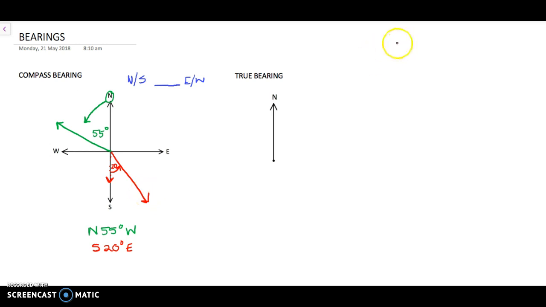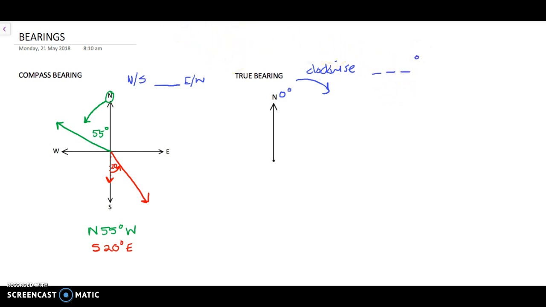A true bearing takes in north as our starting point, north as 0 degrees. And it's simply the direction we move clockwise, so we're going to move clockwise, and it's just taking in what degree of a whole circle we're going to move clockwise. So it's going to be 3 digits that we're going to use.